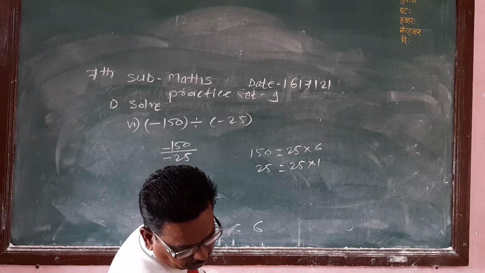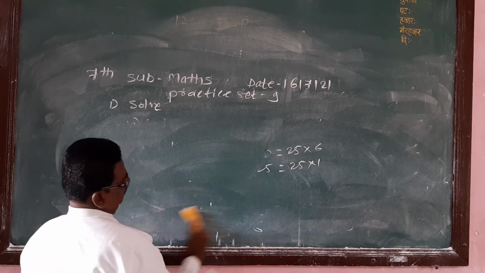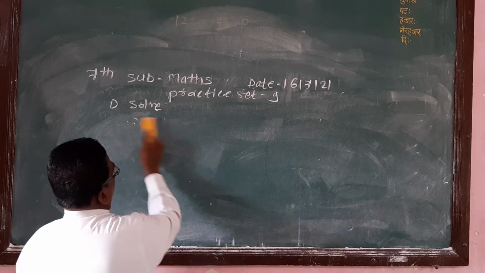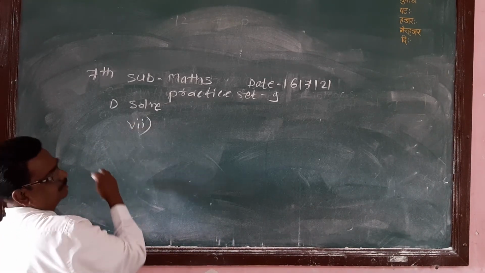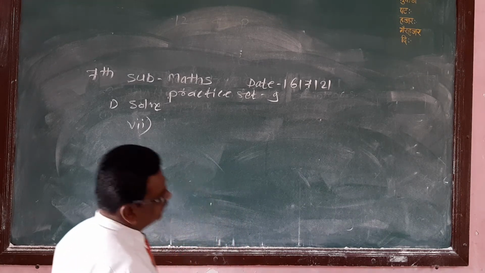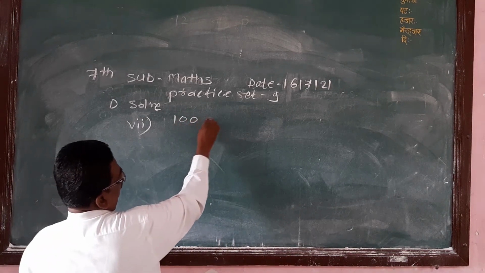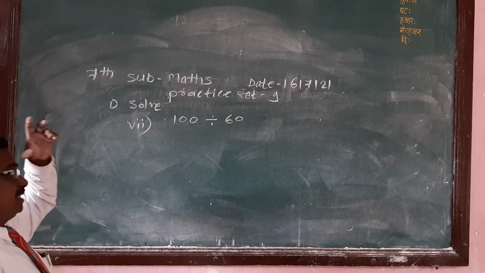Then problem number 7. Okay. Here 100 divided by 60.